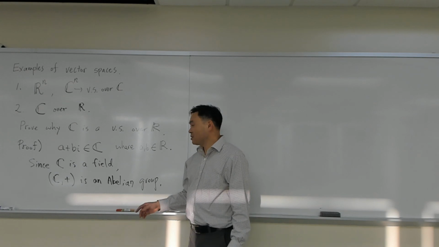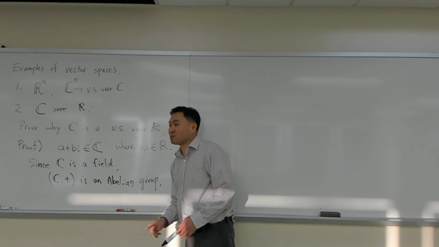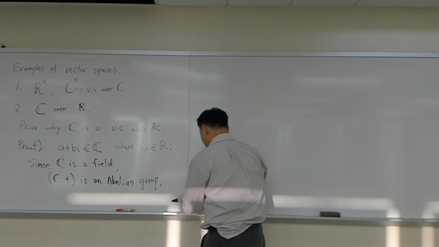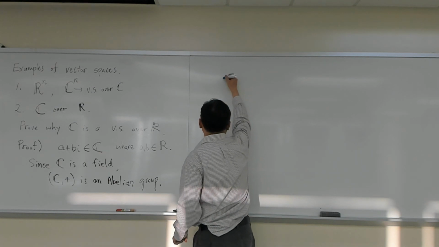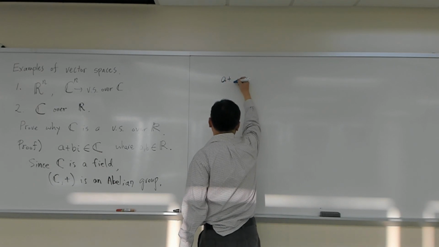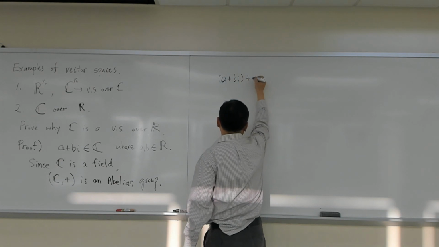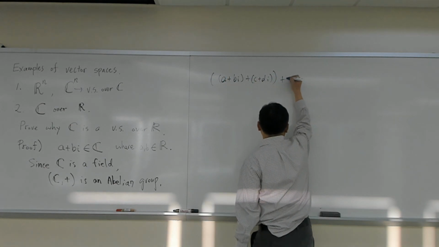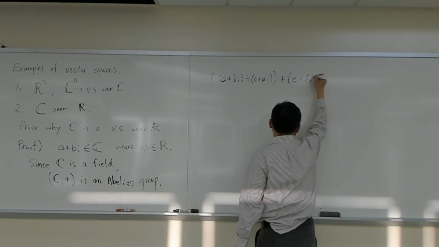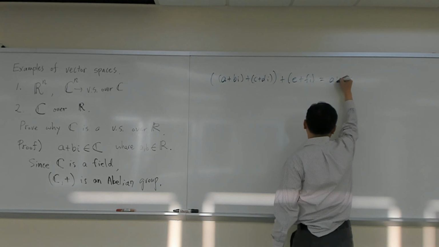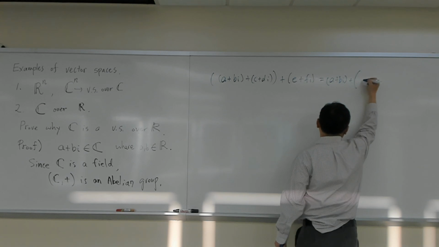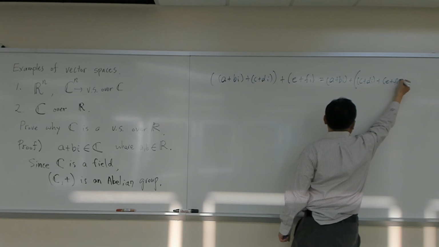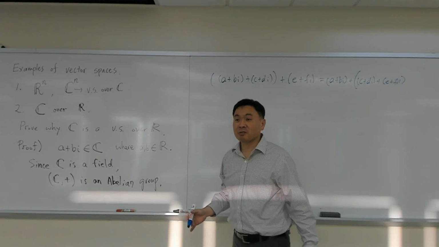If you were to actually prove this, don't write this in your notes, but it would be like (a + bi) + (c + di) + (e + fi) is equal to (a + bi) + ((c + di) + (e + fi)). That would be associativity of the addition, right?